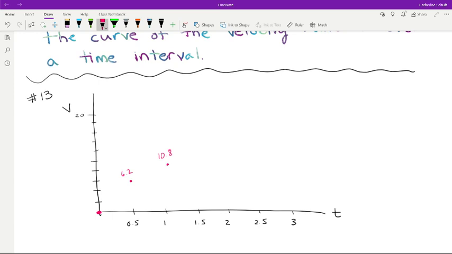And then 1.5 was 14.9. And then 2 was 18.1. So she just kept getting faster and faster. 2.5 was 19.4. And then finally 3 was 20.2.